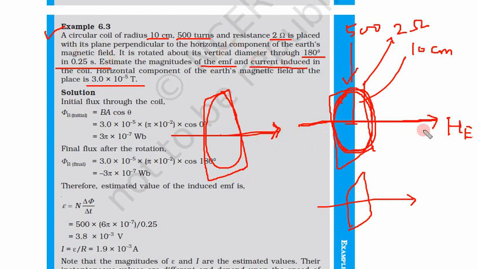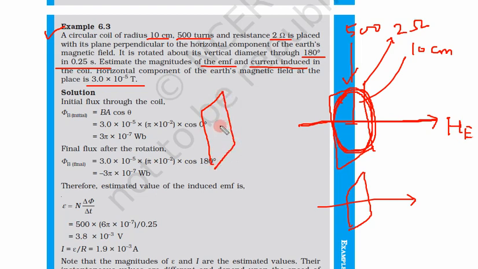Now important thing what you see, if you draw normal to this coil, that means this plane, so that is in this direction, horizontal field is also in this direction, both are in same direction, that means angle theta is equal to 0.